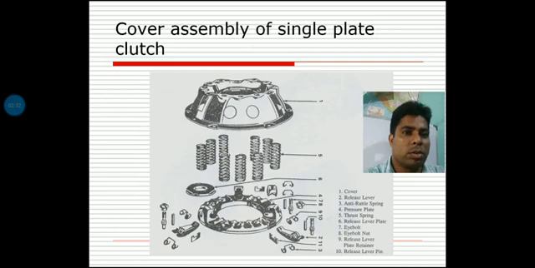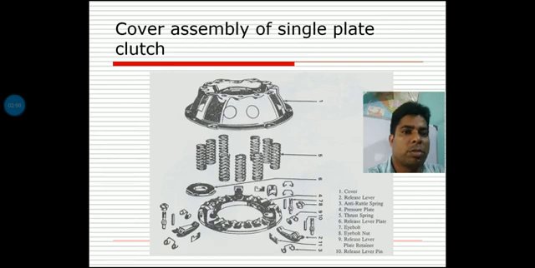Number two is the release lever, which has a shape like a half-handed type. The third point is the anti-rattle spring.